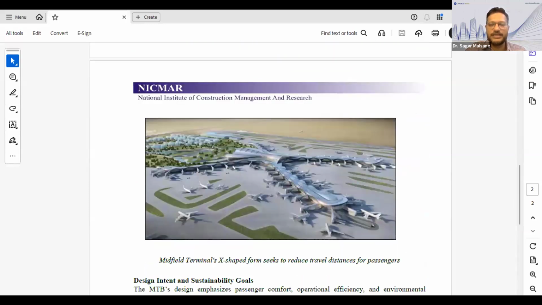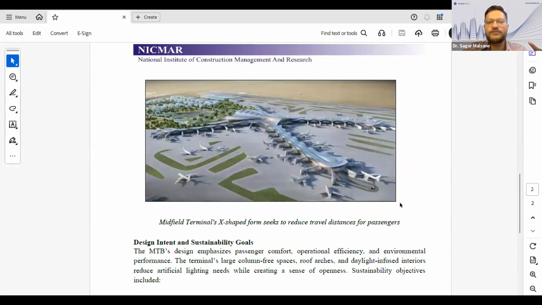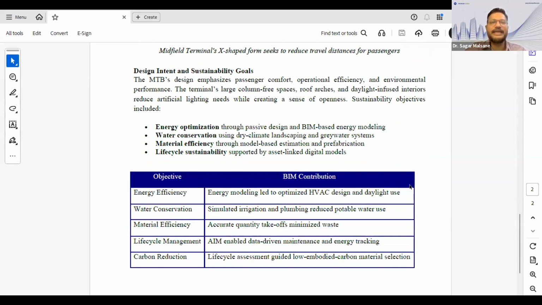You can see the picture shows the complete 3D model of the terminal building. It is called the midfield terminal building because it is located between two runways, and it has a very functional, X-shaped design. Here you see the design intent and sustainability goals: what kind of goals the client set for the project and expected the designers to provide solutions for.